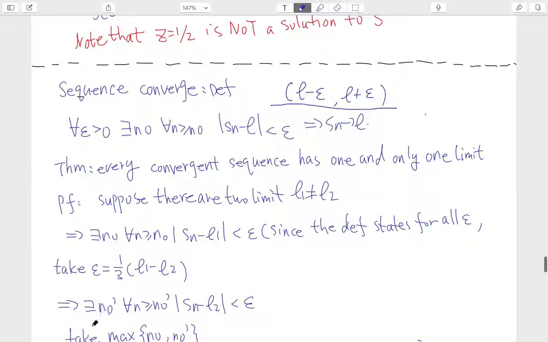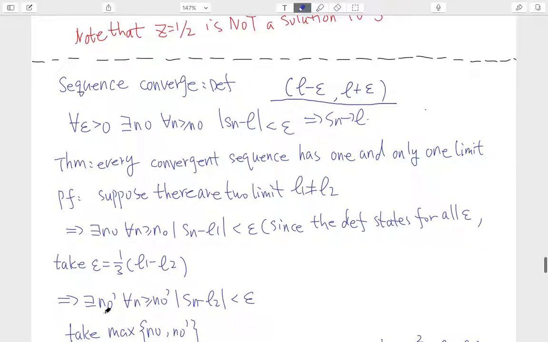So similarly, we can see that there exists an n0 prime such that for all n greater or equal to n0 prime, the modulus of Sn minus L2 is less than epsilon. This is also a direct implication from the definition.